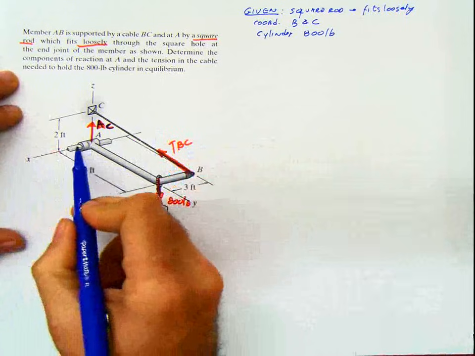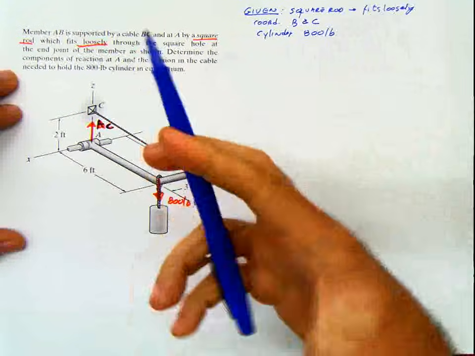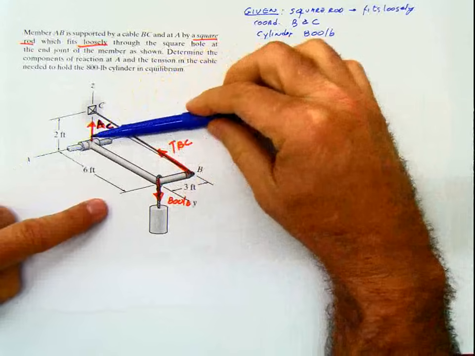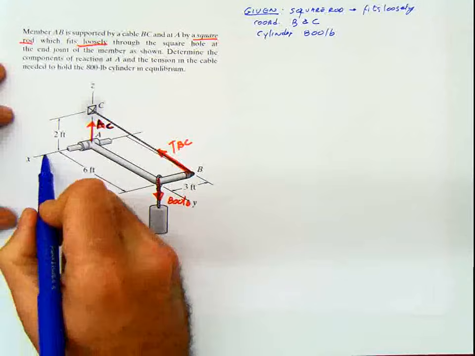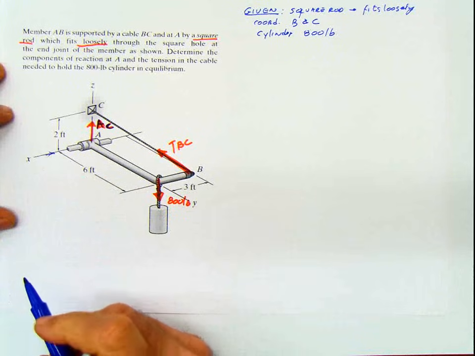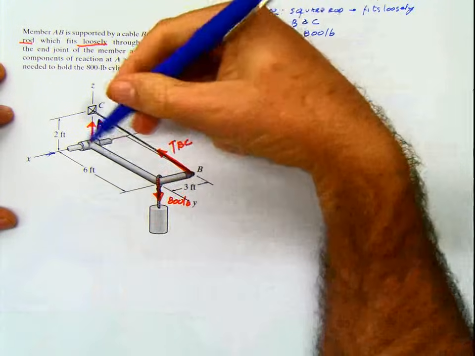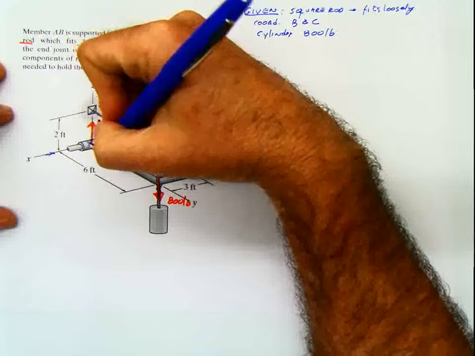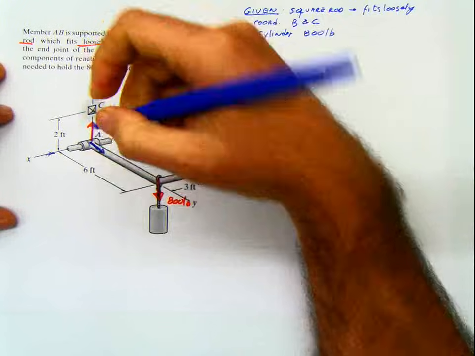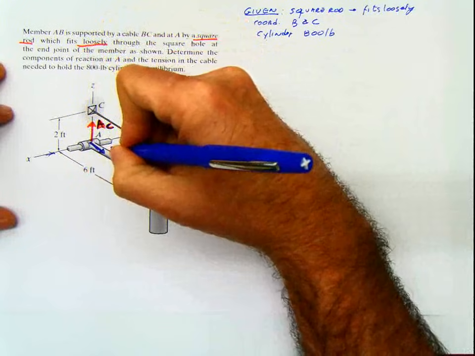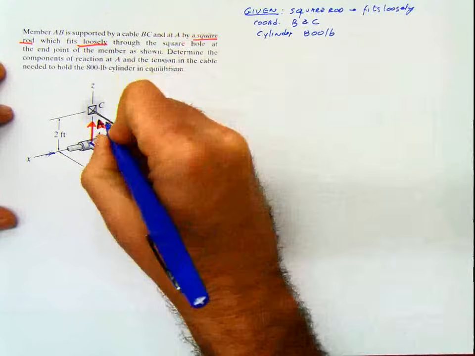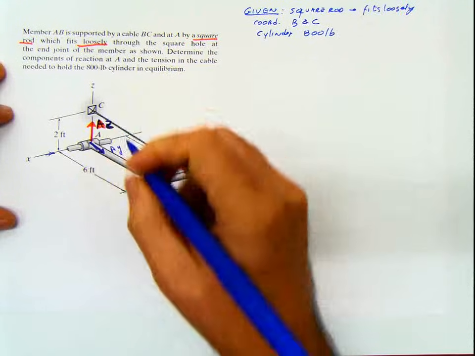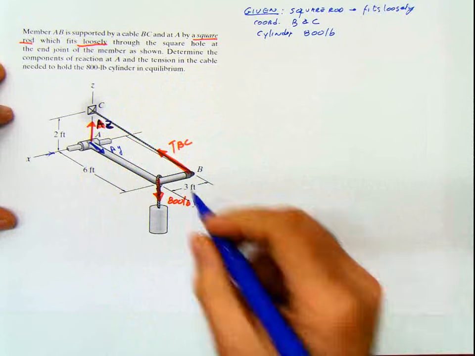Well, in the X direction, because it says that it fits loosely, basically the rod could slide through that element, meaning there is no reaction happening in this axis. Now, what about in this other direction, which is the direction Y? Yes, we're going to have also a reaction in the direction Y, and I think it's obvious. So we have this AZ, and we have this AY, and we have this tension.